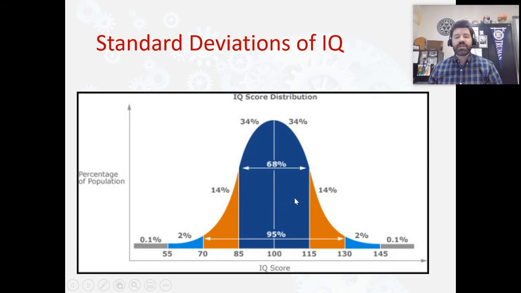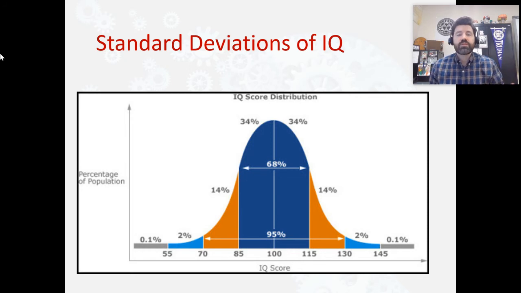Now, one standard deviation is 34% above, and one standard deviation is 34% below, meaning 68% of all individuals have an IQ that falls within one standard deviation of 100. Well, the standard deviation for IQ is 15 points.